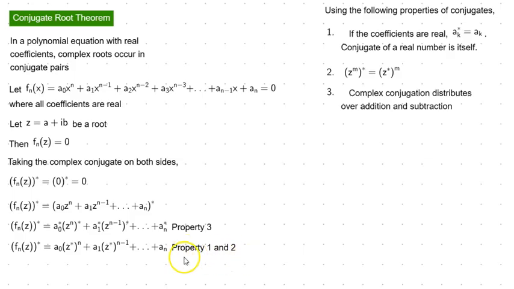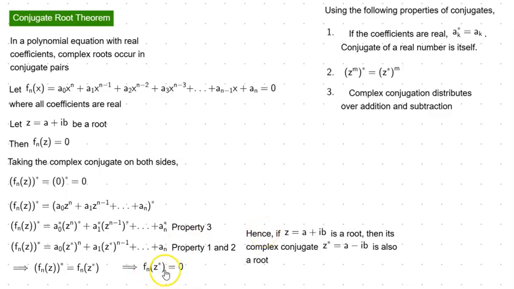So here properties 1 and 2 are being used. Now, what does that mean? If you look at the right hand side, that is nothing but the polynomial f sub n of the conjugate of z. And since the left hand side is equal to 0, that means the right hand side is also equal to 0.